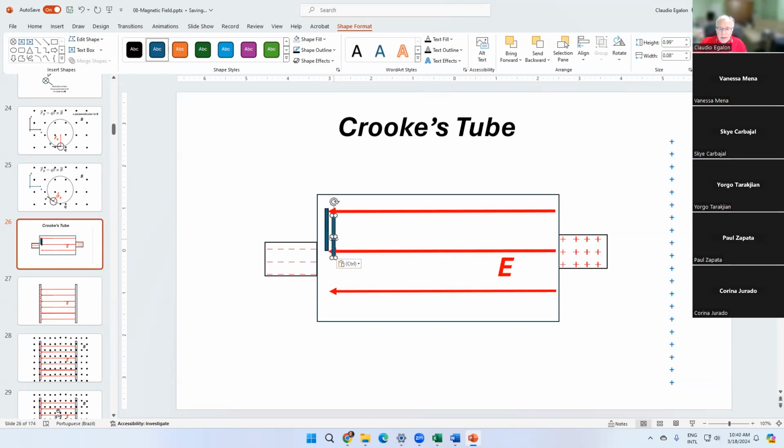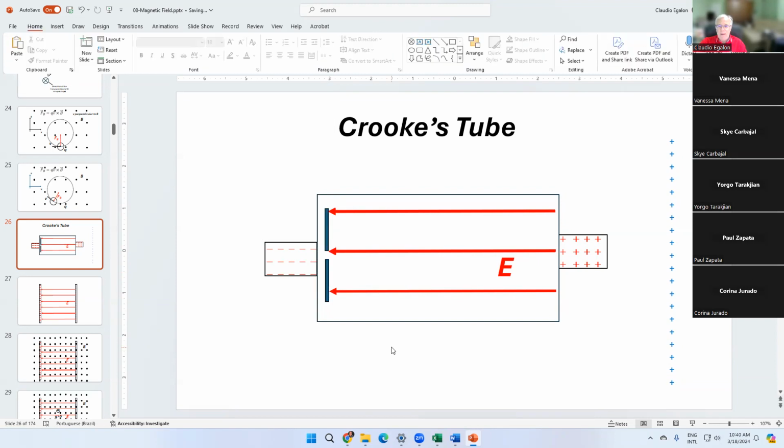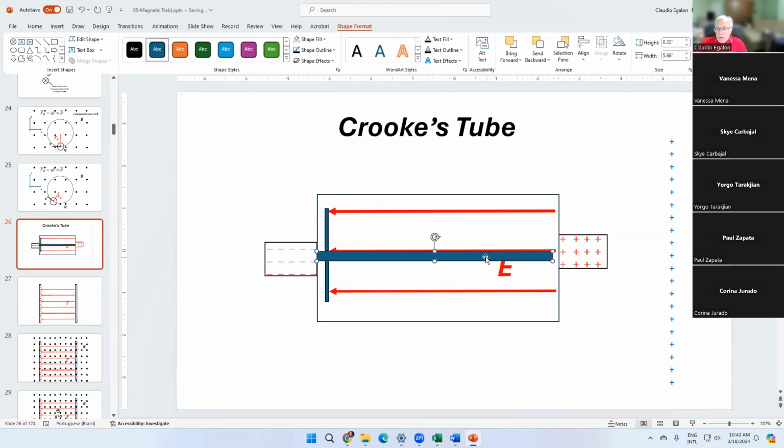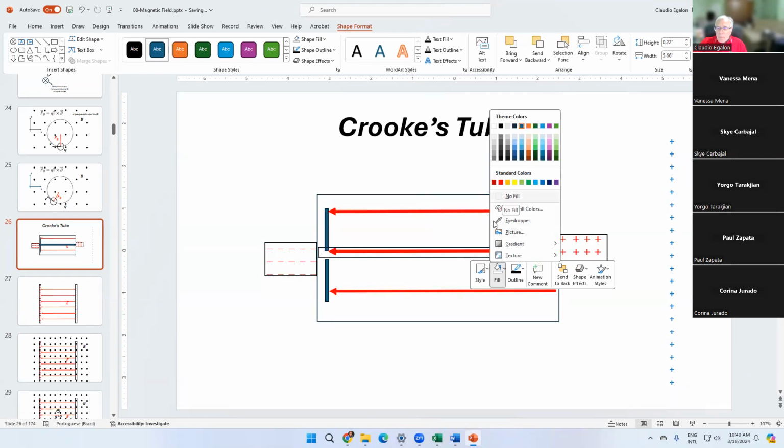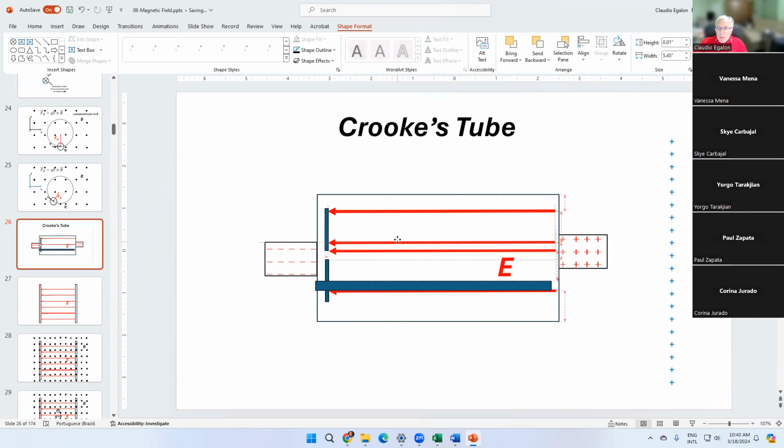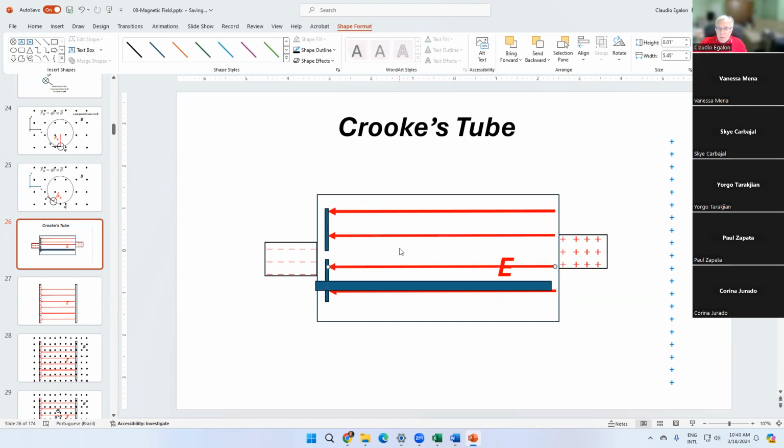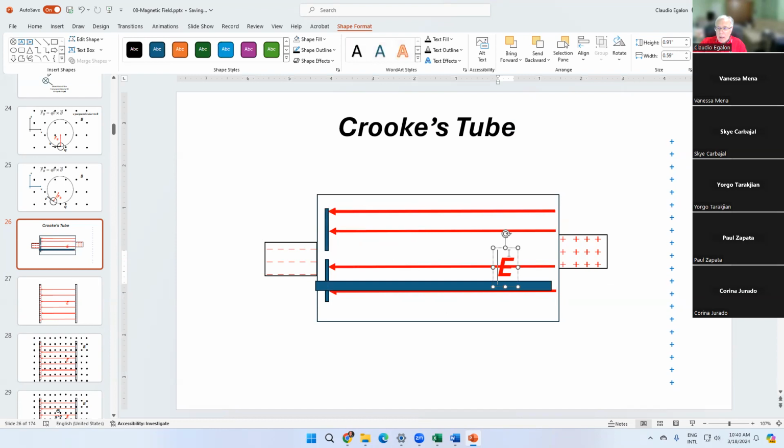The upper portion of the slit, the lower portion of the slit, right? And a beam of electrons goes through. I'm going to put my electric field like that so it doesn't overlap with my beam of electrons.